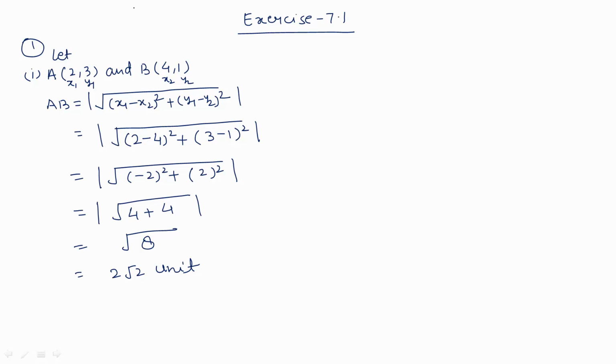Now in the second question, the points given are A (minus 5, 7) and B (minus 1, 3). So the distance AB is equal to modulus under root, this is your x1 y1 and this is your x2 y2.